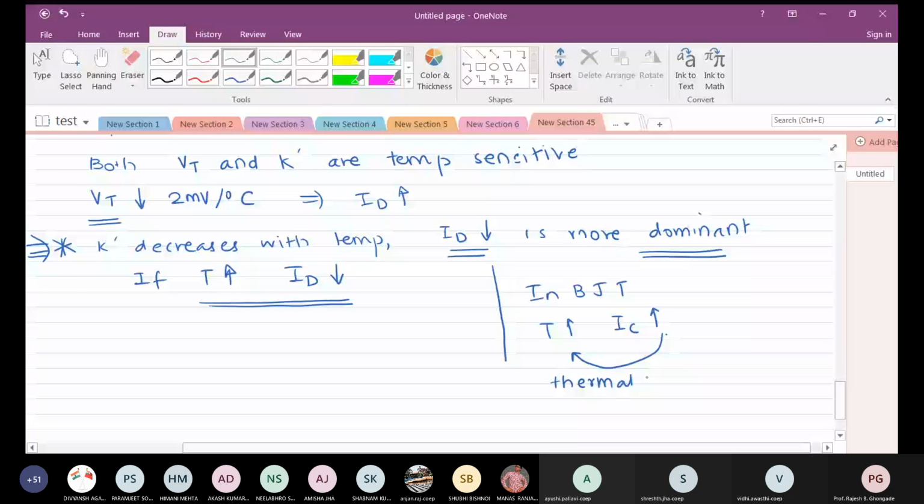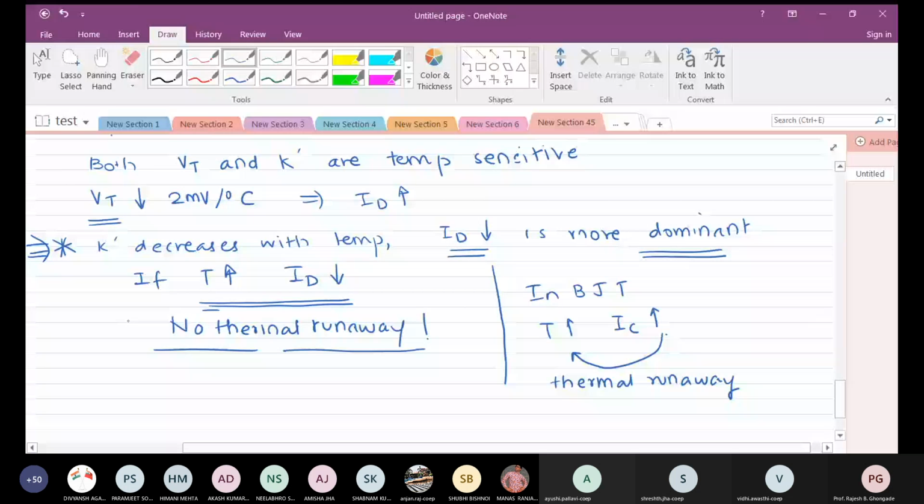In contrast, here, if temperature increases, drain current is decreasing. So there is no thermal runaway. This is a very fantastic thing for us, because bipolar junction transistors have a problem of thermal runaway, while MOSFETs will not.